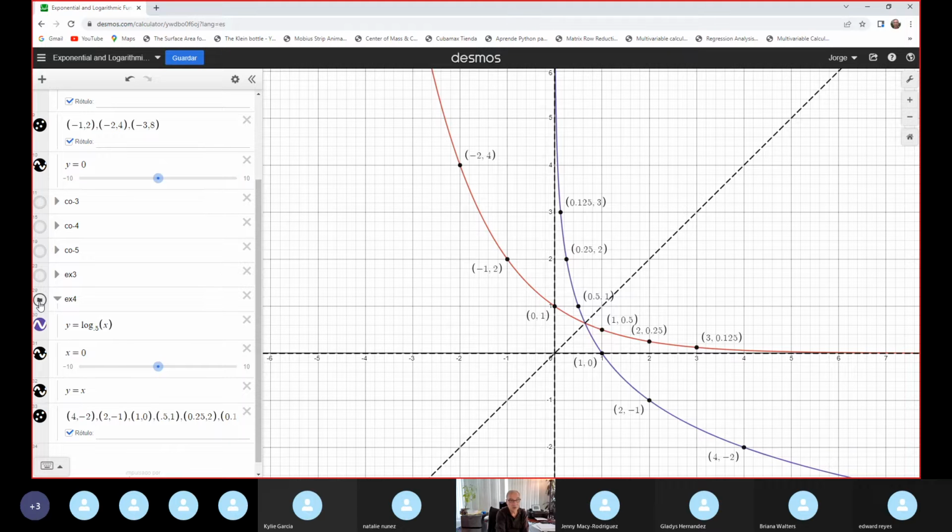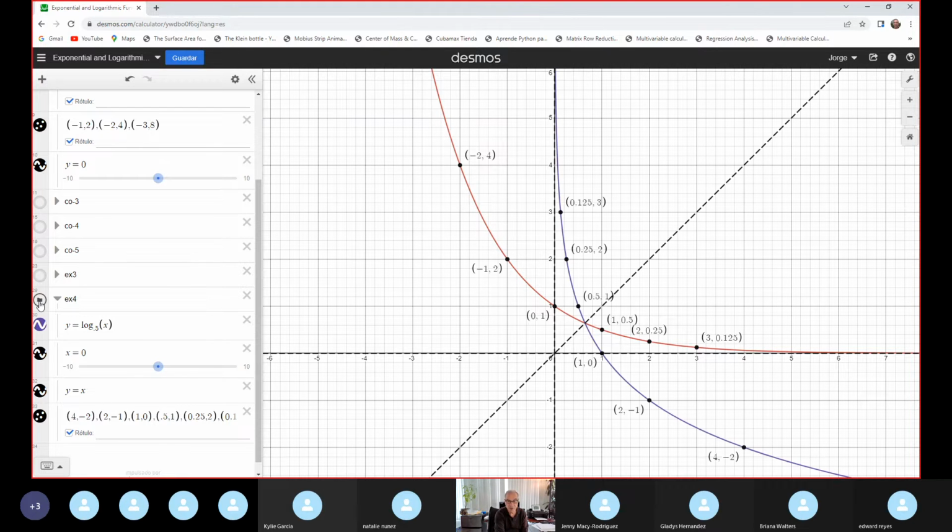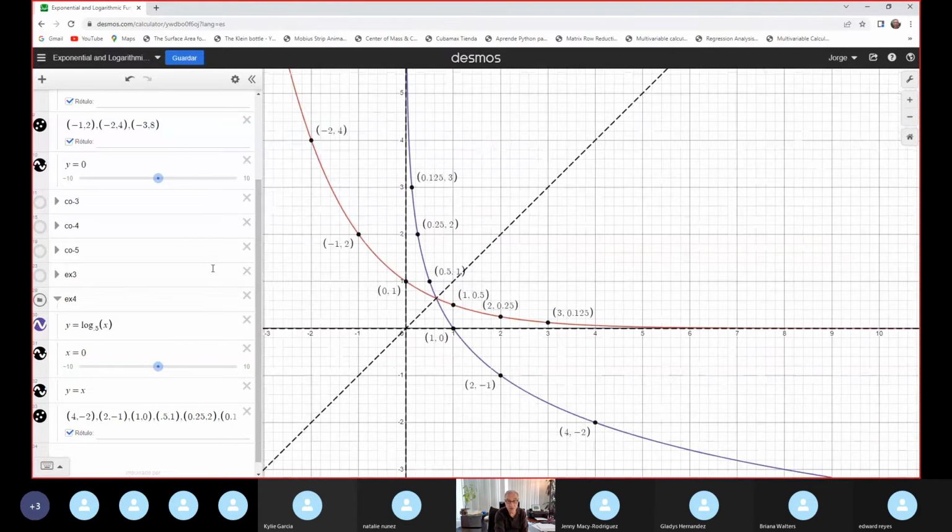Boom. Let me show you. Boom. Again, the same idea, but now we are talking about exponential decay, and the new logarithm is decreasing. The new logarithm, the purple graph, is the graph of the logarithm base 1/2.